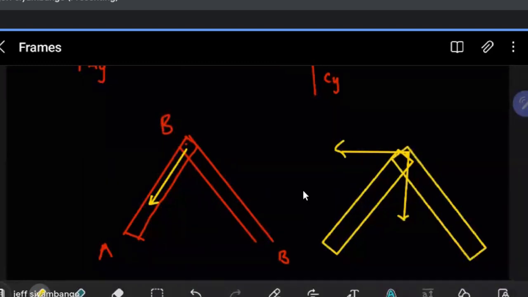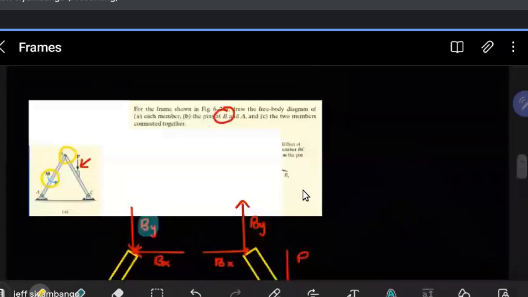Now, what you should get here is that equilibrium has to be achieved at each point. At any point that you pick, the sum of forces must be 0. When you look at this diagram and pick the pin at B, remember we're analyzing pin forces, reactions from the pin.